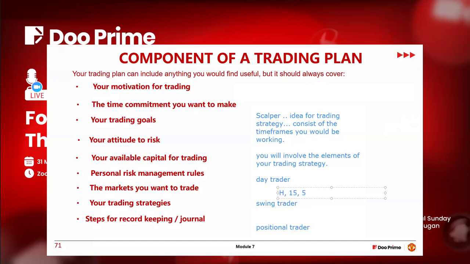That is for those who will be doing multi-time frame analysis. This is the kind of trader you are. Now you're saying, okay, I'm giving an example of a trading strategy for a scalper. On the 1 hour, this is where I'll be taking my directional bias, my market direction.